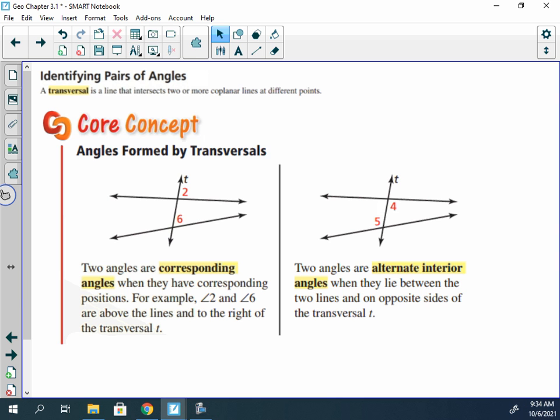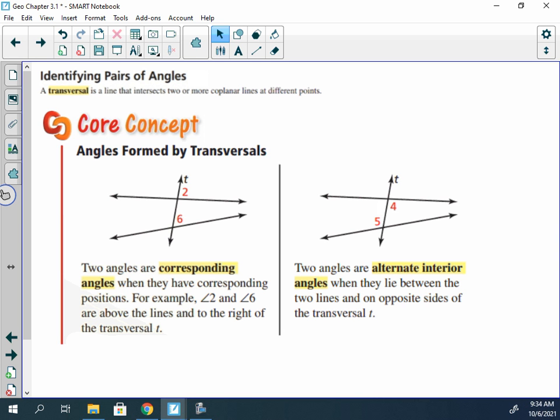Now the first one we have is corresponding angles. They lie on the same side of the line and on the same side of the transversal. So when we look at the two given, 2 and 6, well, they both lie above the line and to the right of the transversal.